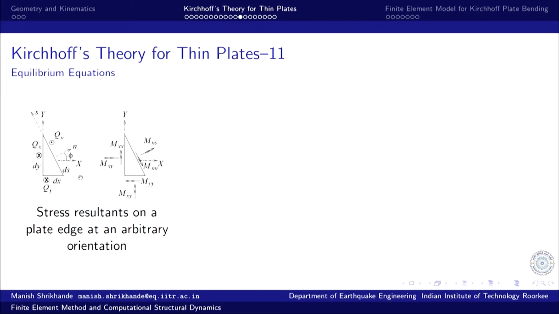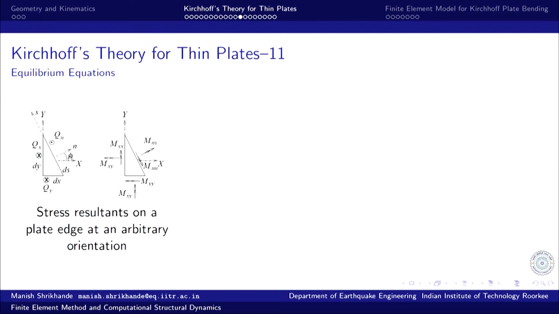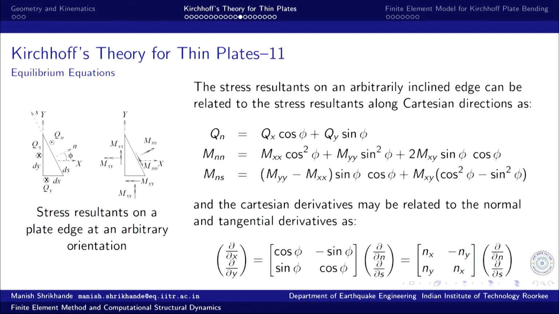They can be related to the moments and shears defined along x and y by suitable resolving and using the direction cosines of this normal. The moments normal to the normal and torsional moments can be related to the moments mx and mxy, and similarly qn can be related to qx and qy using the direction cosines of the normal.